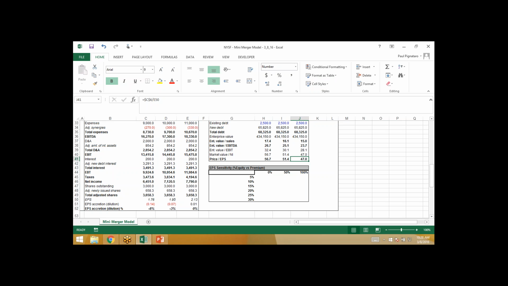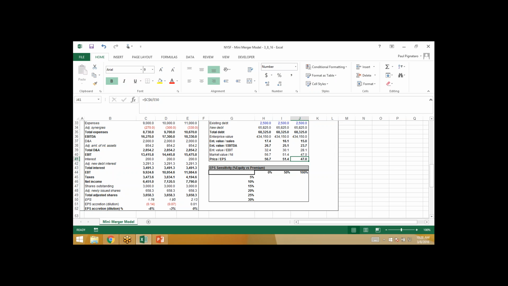Now, EPS. You've got the purchase price, you've got the sources and uses. Now the company's financials, the acquirer and target's financials, you'd combine them. What else at this point are variables? Interest rate will matter too. Tax rate. Synergies, cost saving synergies.